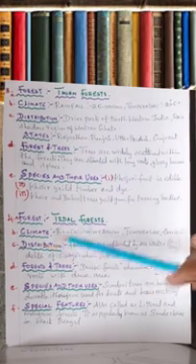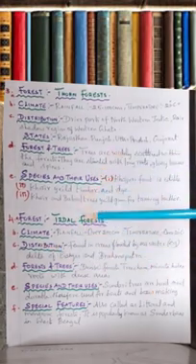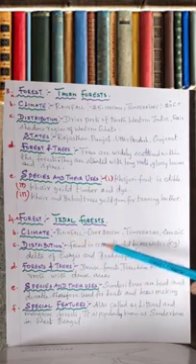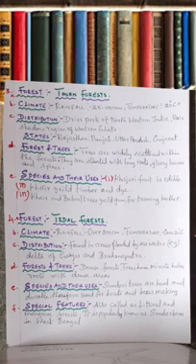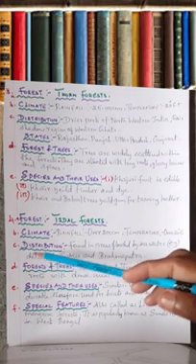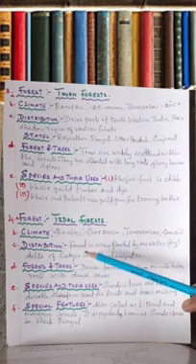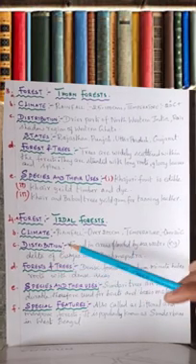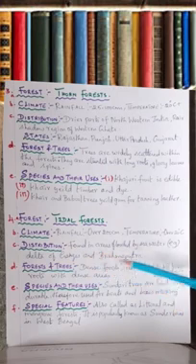Fourth forest is tidal forest. Its climatic condition is rainfall over 200 centimeters, temperature over 20 degrees Celsius. Its distribution, found in areas flooded by seawater. Example, delta of Ganges and Brahmaputra.